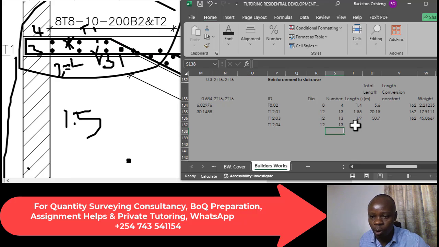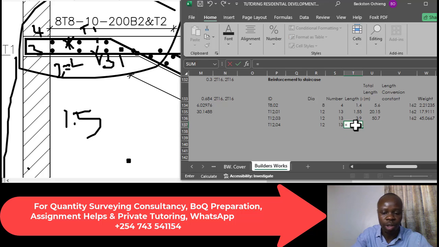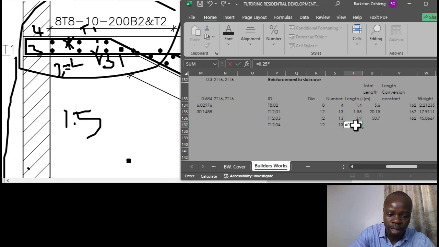Then the length. The first part, we are going to take 0.25 times the waist, 3.1. Then we add the second part, which is the same as the landing. The landing is 1 meter, but then you add 200 for the wall, because you can see it's going all the way, so it's 1.2, but then you less the cover, which is 25.